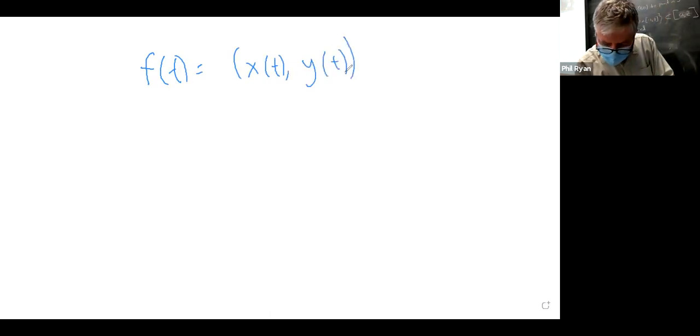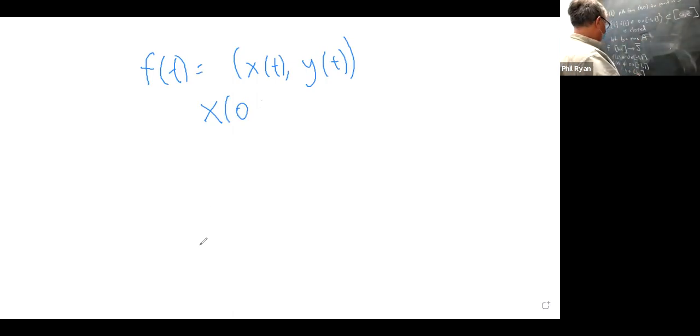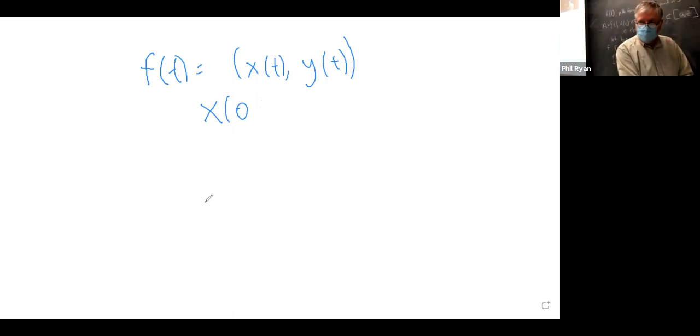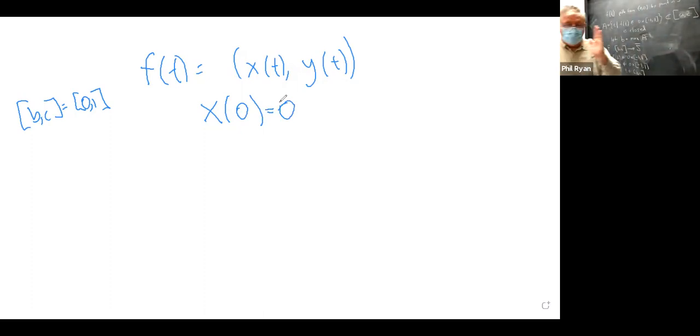And the way that we've set it up is such that x of 0 — I'm calling it BC, but we might as well call it 0, 1. So let BC equal 0, 1. We can just rescale things so that we're on the unit interval. So x of 0 equals 0, which is just saying we're starting somewhere on the y-axis.